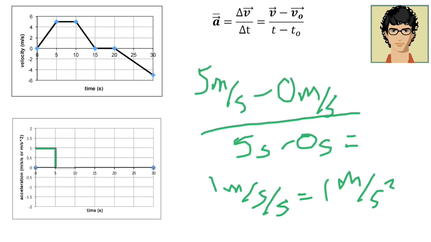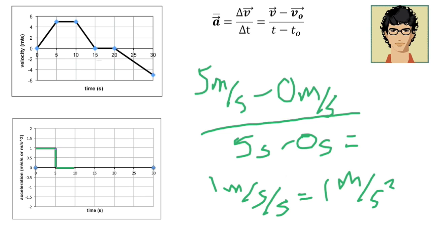Even though the object is moving, it's moving at a constant velocity. There is an area here. We'll get to area next when we look at how far we've traveled. That area indicates that we're moving a certain displacement, okay? So from 15 to 20 seconds, though, we'll realize that we have a special case of the 0 slope, and that's at 0 velocity. So it's flat, and it also indicates that there's no movement. But either way, it'll look the same on the acceleration versus time graph because there's no acceleration.